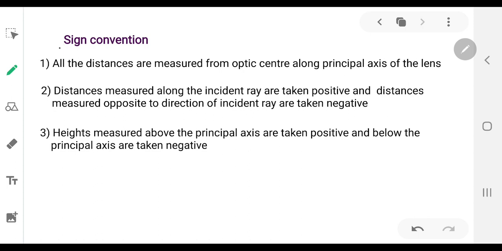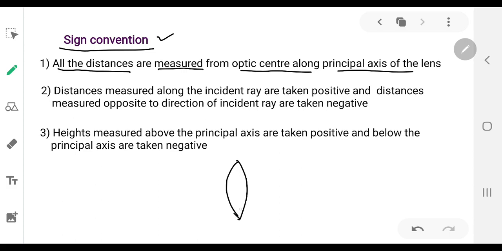Next, we shall move to the sign convention, because here also we are measuring the object distance and a sign has to be assigned to it. The first sign convention is: all distances are measured from the optic center along the principal axis. If here is the lens, inside it the optic center will be there.